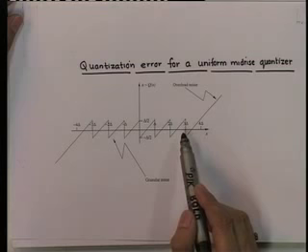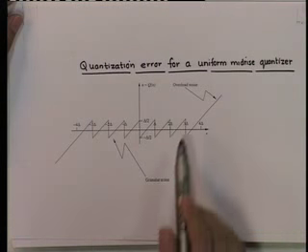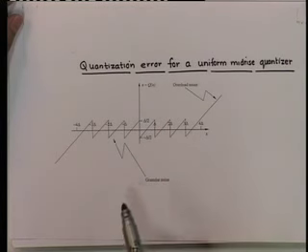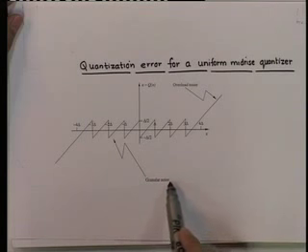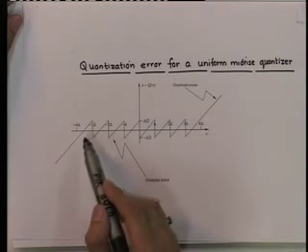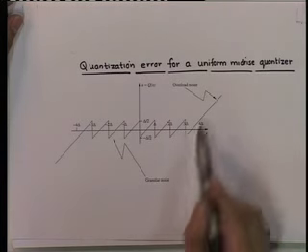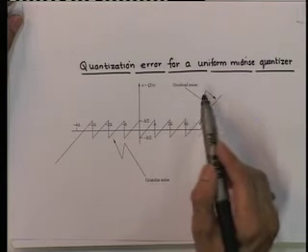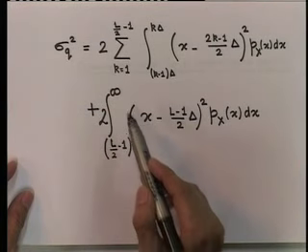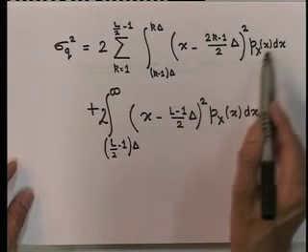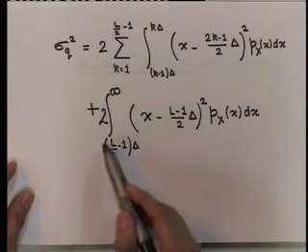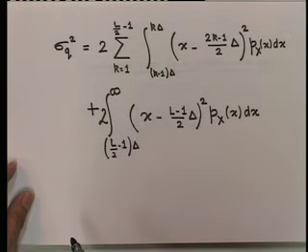Now, these two types of quantization error are given different names. The bounded error is called granular error or granular noise, while the unbounded error is called overload error or overload noise. In the expression for the minimum squared quantization error, the first term represents the granular noise and the second term represents the overload noise.